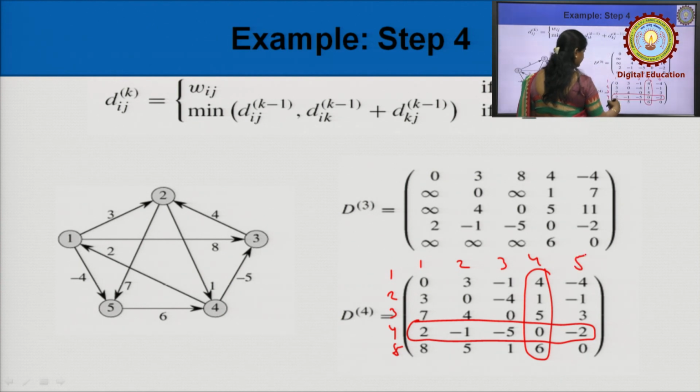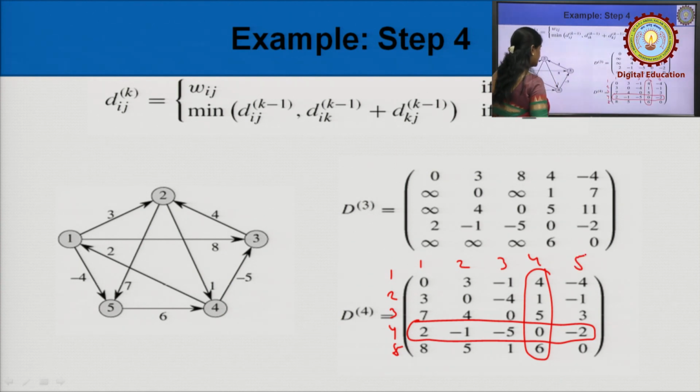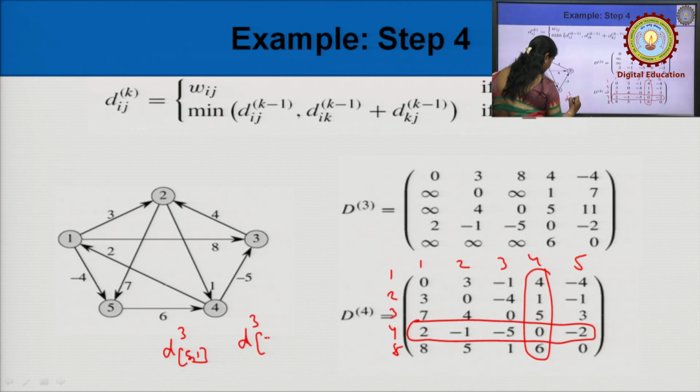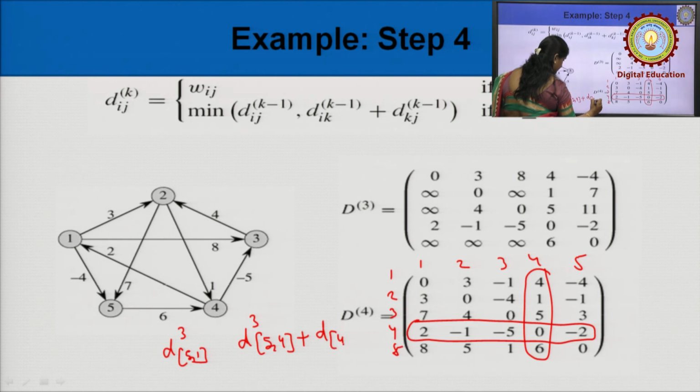Calculate the value of 5, 1 from the previous matrix, that means the value of 5, 1 in the previous matrix, and put the intermediate vertex in between. The intermediate vertex is 4, that means 5 to 4 and 4 to 1 in the previous matrix.